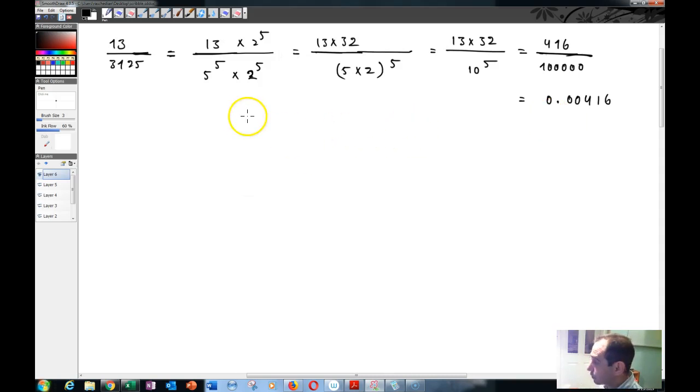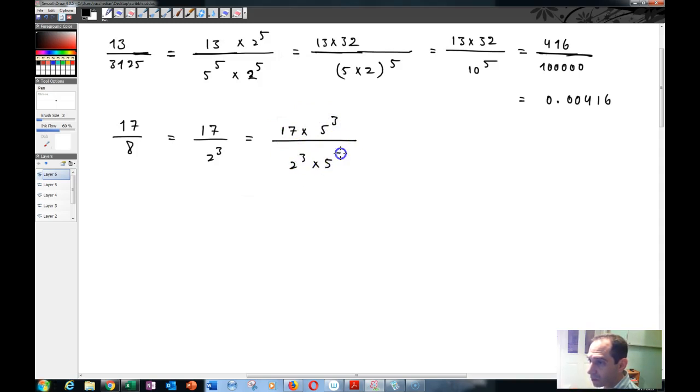Or let's say you have another number over here. So you have, for example, 17 over 8. This will also have a terminating representation because you can write this as 17 over 2 cube, and then you have 3 factors of 2 in here. You can add 3 factors of 5 as well, meaning that you can write it as 17 times 5 cube over 2 cube times 5 cube.